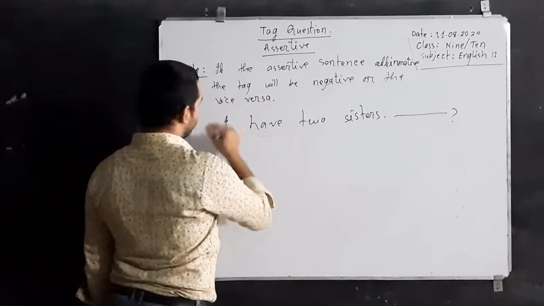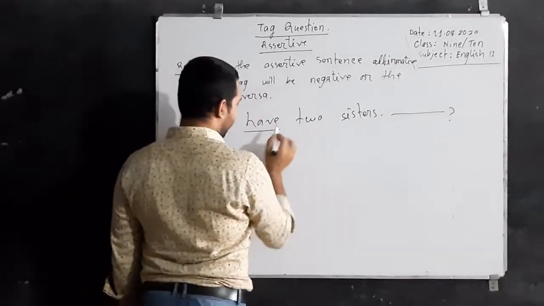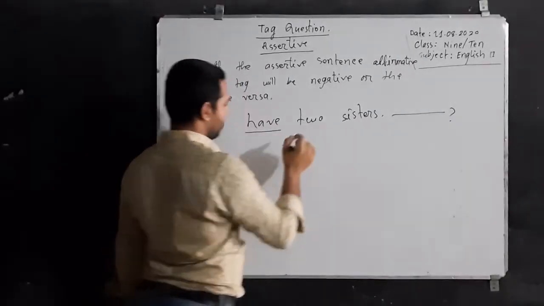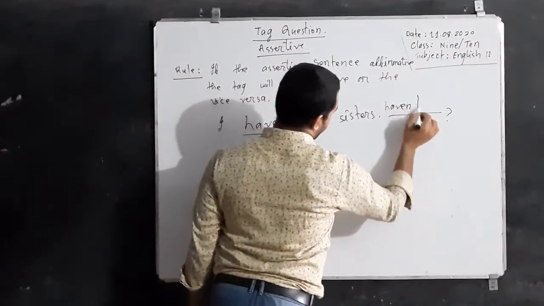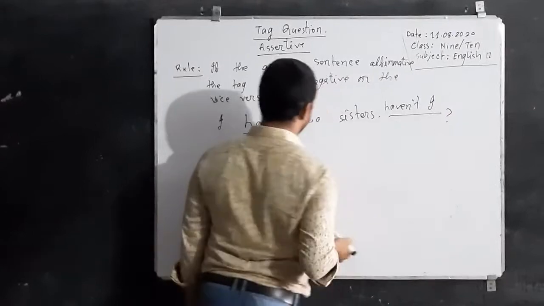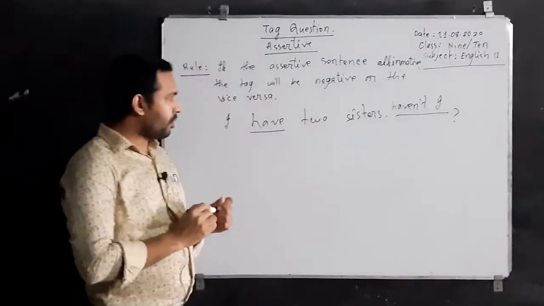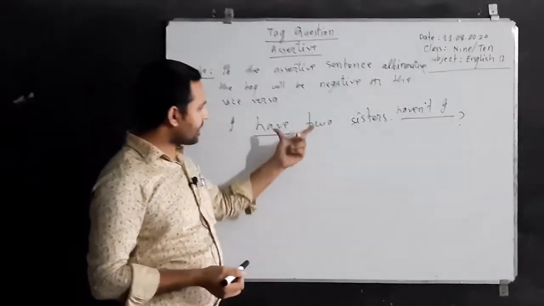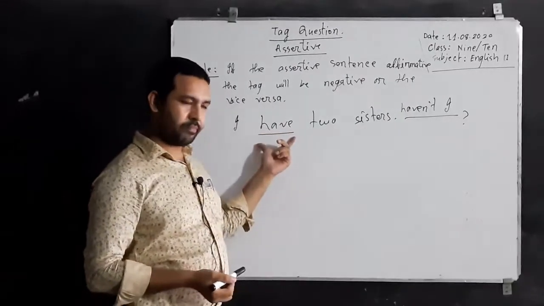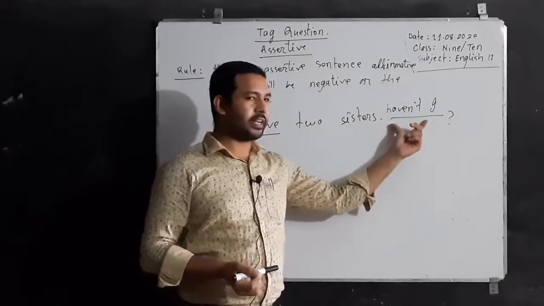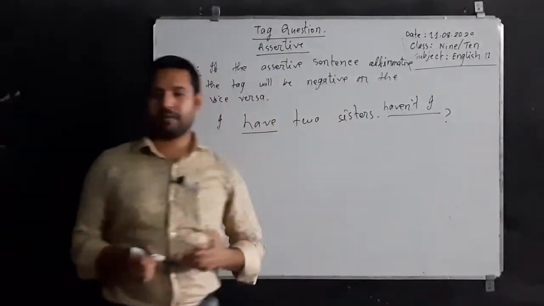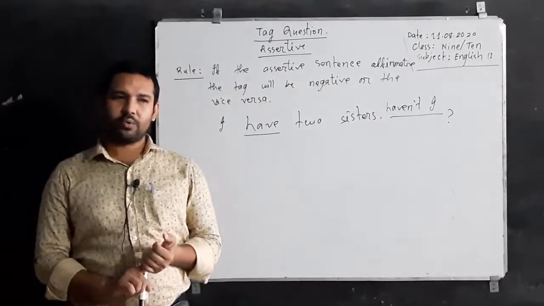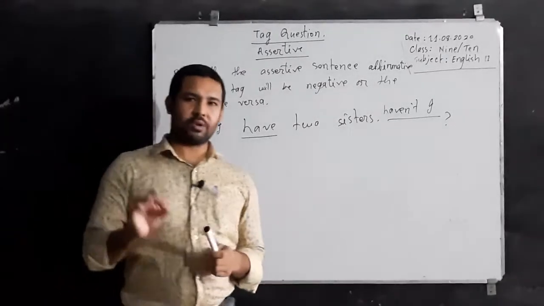This rule will be discussed in the second rule. I have two sisters, so we have to make the tag negative: haven't I? Very simple rule. If the assertive sentence has an auxiliary verb, then we put the negative of that auxiliary verb, and then the subject. If the subject is a noun, we have to put the pronoun of that subject.